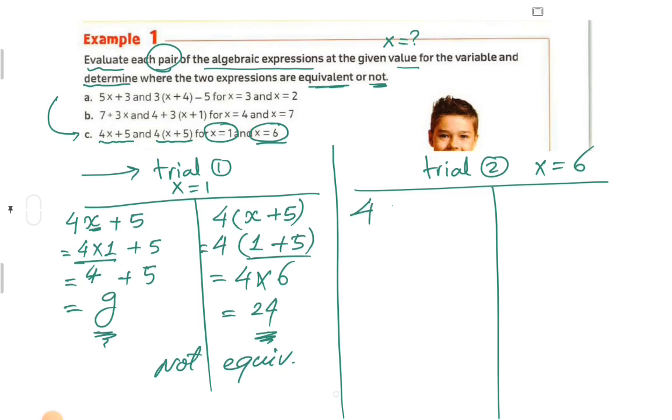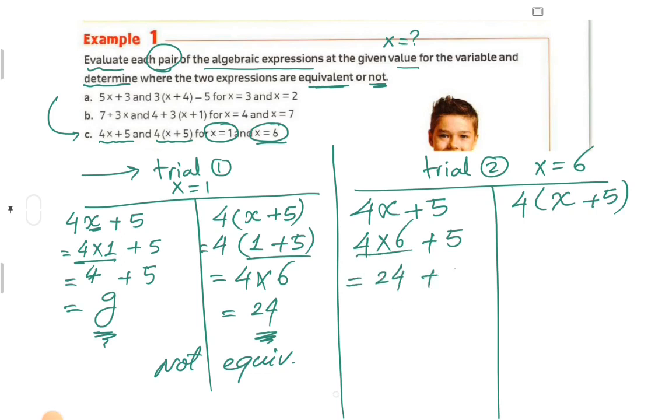First expression 4x + 5, second one 4(x + 5). Now remove x. 4x means 4 times x, x equals 6, plus 5. Now multiply, 24, right, plus 5, that's equal 29.